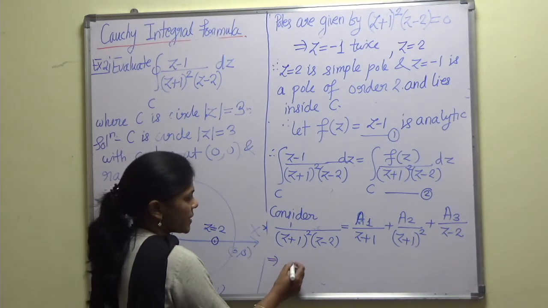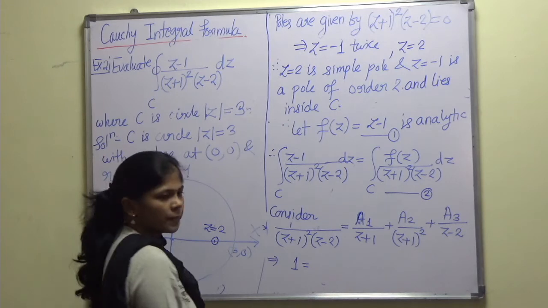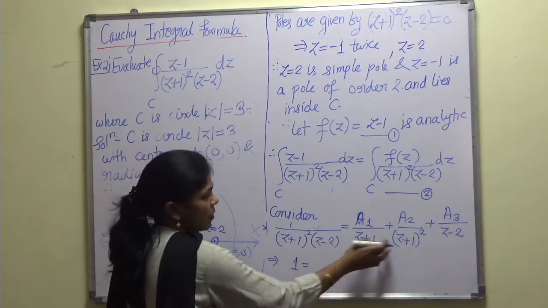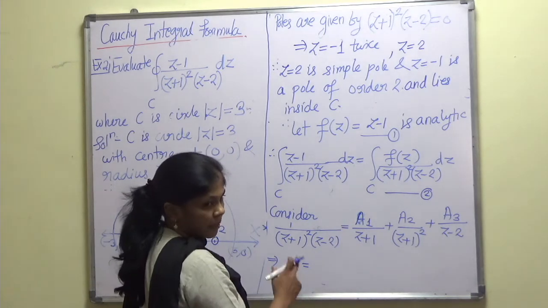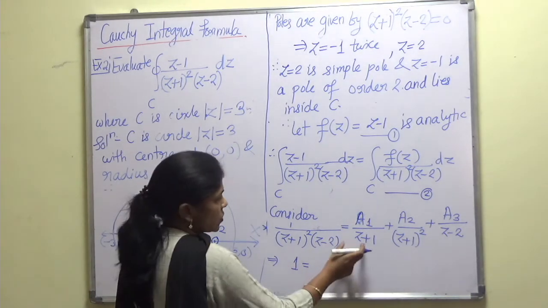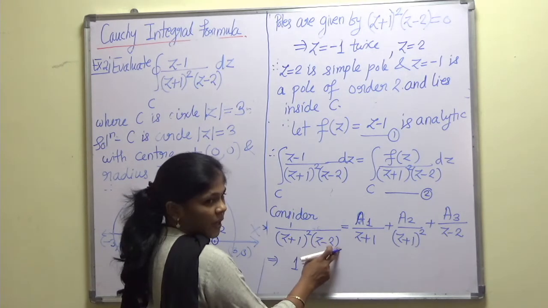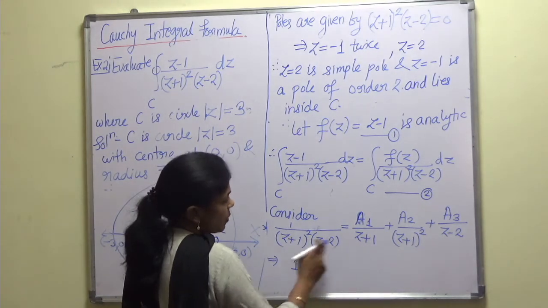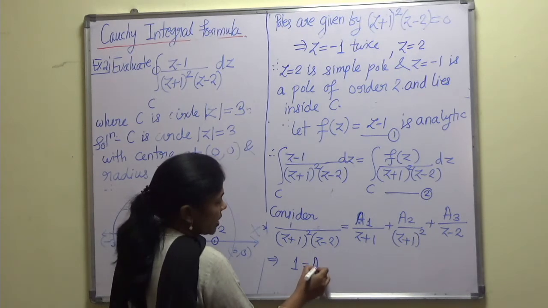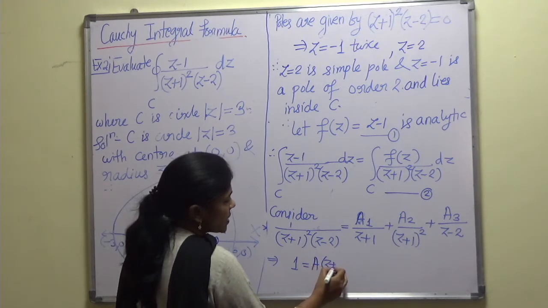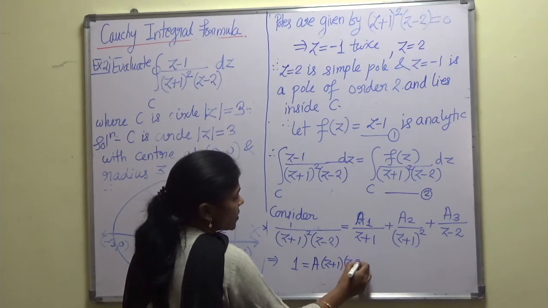So this implies we have 1 equal to, try to get this term everywhere. If some terms are missing, then we will have to multiply numerator by that missing term. Okay, so I want z plus 1 whole square into z minus 2. So what is missing? One term of z plus 1 and another term z minus 2. So I will multiply a1 by z plus 1 into z minus 2.